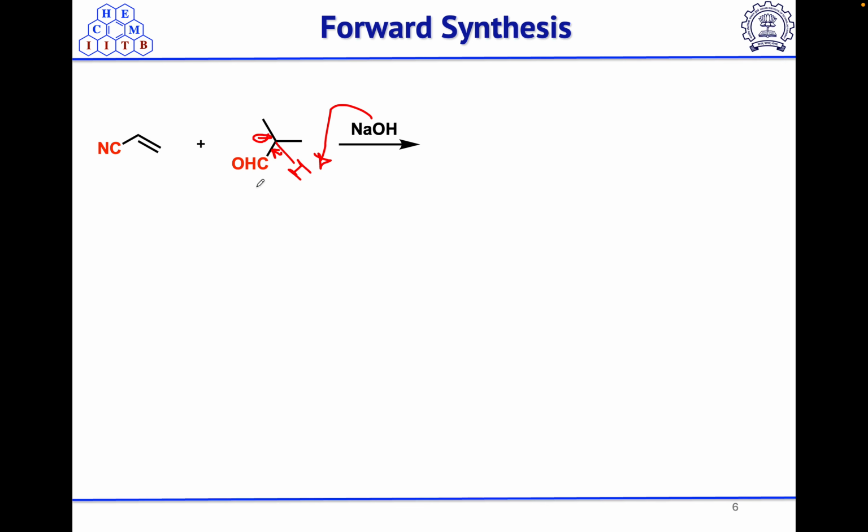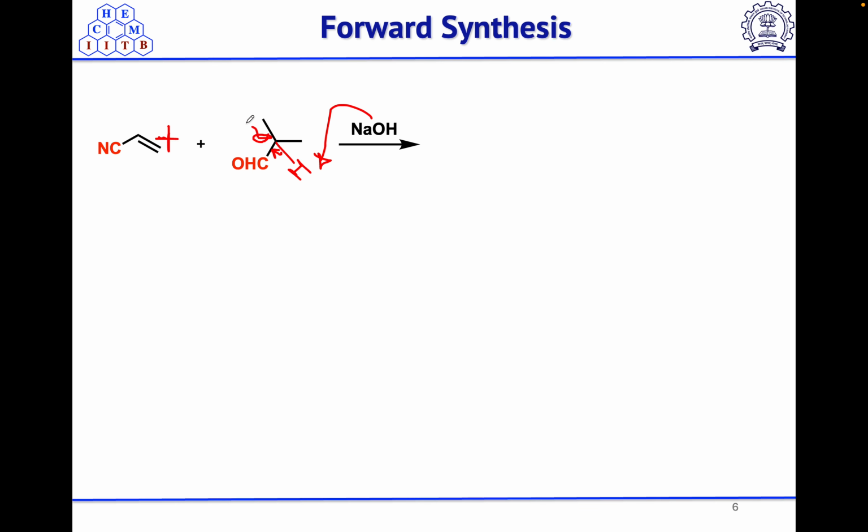So it will react with some electrophile. What type of electrophile is there in your system now? So you have this acrylonitrile or this alpha beta unsaturated cyanide compound. Here, due to this electron withdrawing group, the cyanide, this beta carbon will show some partially positive character.